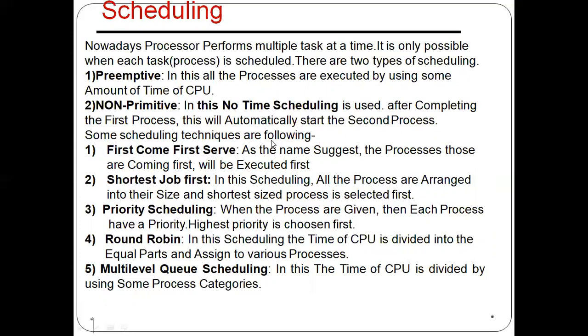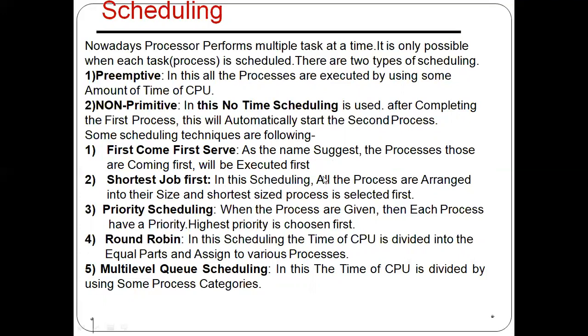Some scheduling techniques are followed. First come first serve means the input that comes first will execute first. As the name suggests, processes that come first will be executed first. And second, shortest job first.